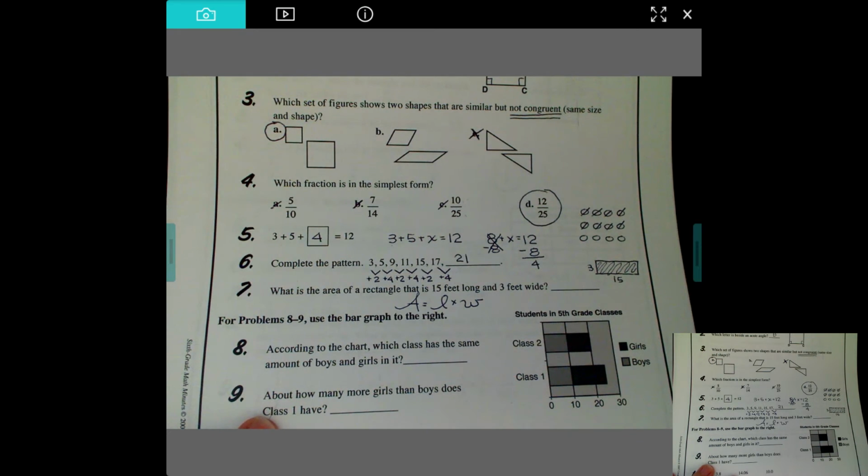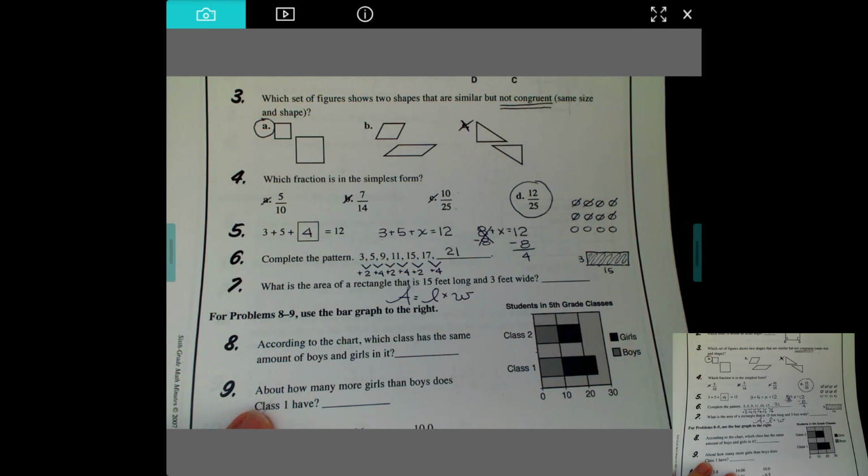When you're painting the area of a wall, you want to know how many square feet you have to paint the entire wall, or perhaps you're putting in wood flooring in your home like I have recently. And again, you're going to need to know the total area that your wood flooring is going to cover, because that determines how much wood flooring you buy. If you don't know how to find area, you could be buying way too much wood flooring or not enough and have to make a return trip to Home Depot.